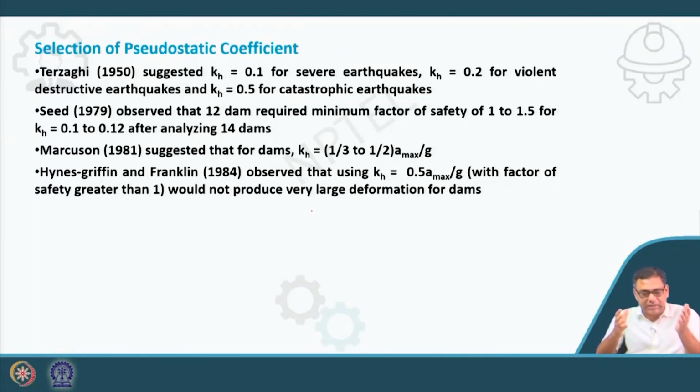So that is why their suggestion is that you can take the KH value as 0.1 to 0.12.